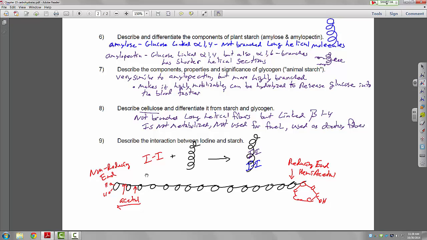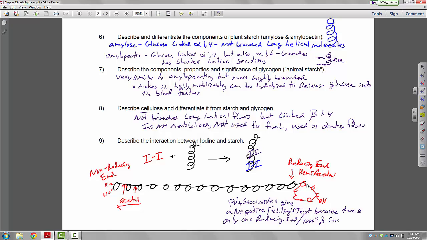Obviously if it's helical, it's going to give you a positive iodine test, but these polysaccharides give a negative Fehling's test, or Benedict's test, because there is only one reducing end per thousands, could be tens of thousands of glucose units.